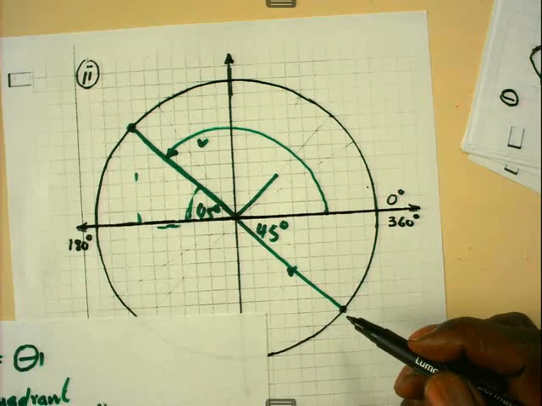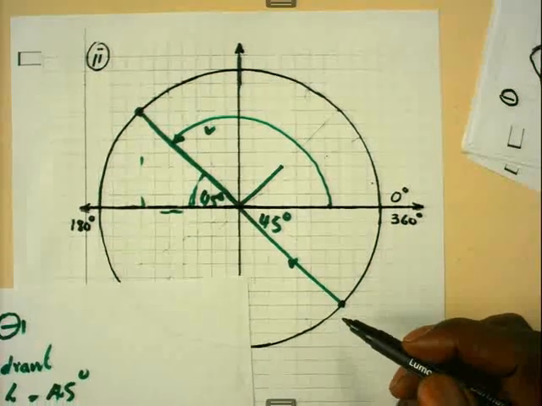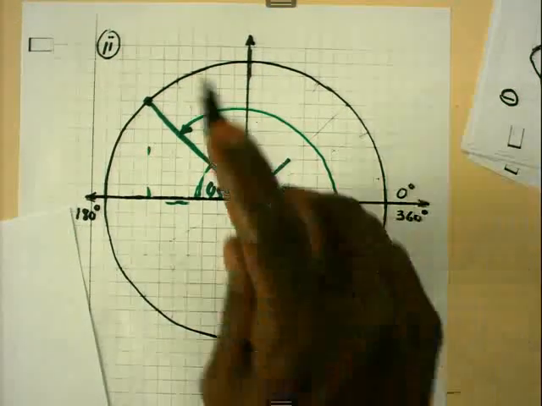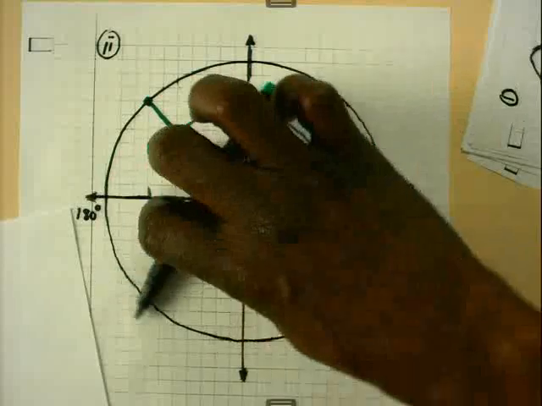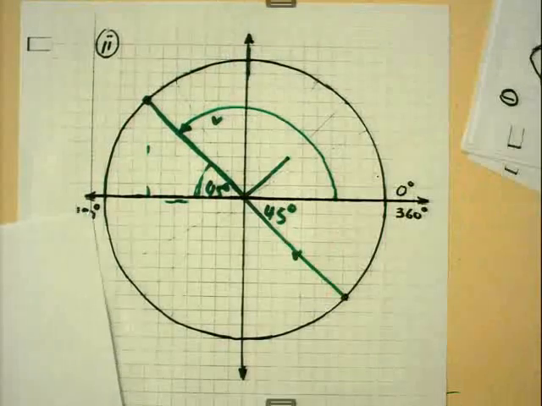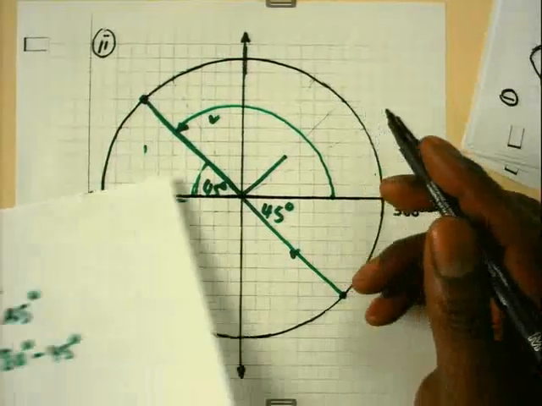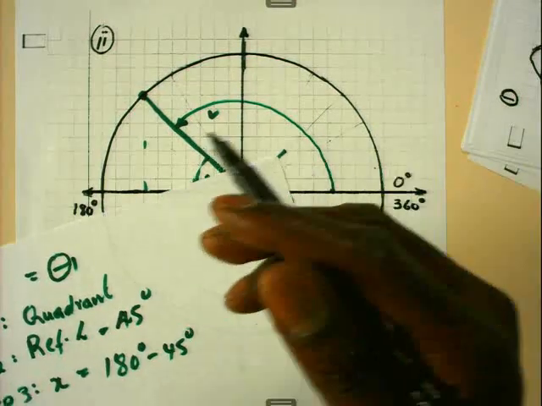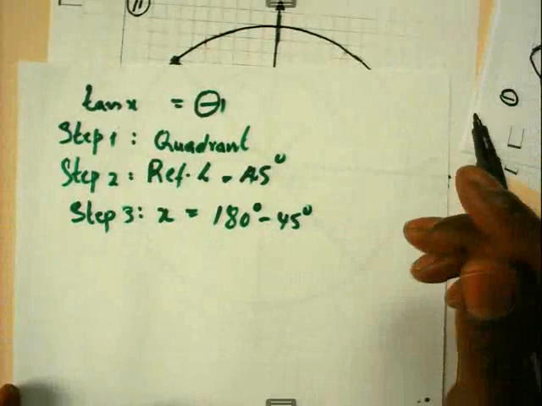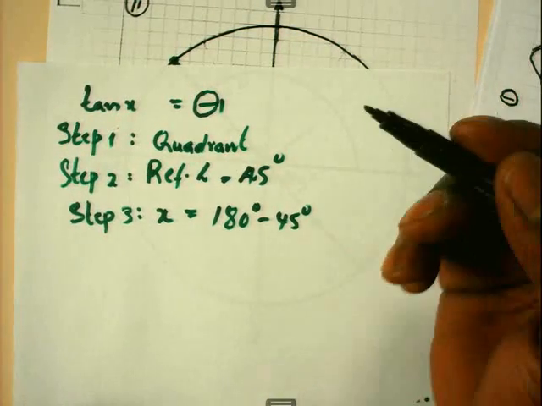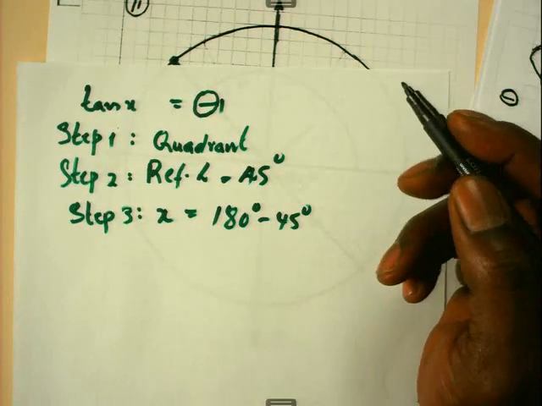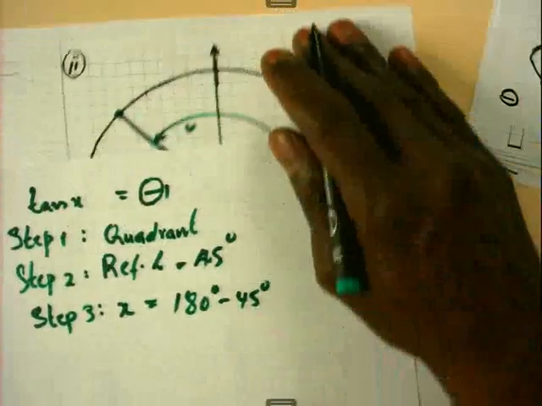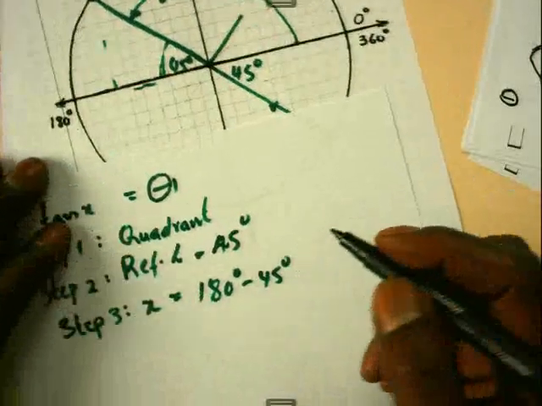Now, that happens after how many degrees? I was here and I've rotated up to there. That happens after 180 degrees. In the case of sine and cosine, we had to rotate for 360 degrees, and in this case, we just rotate 180 degrees.